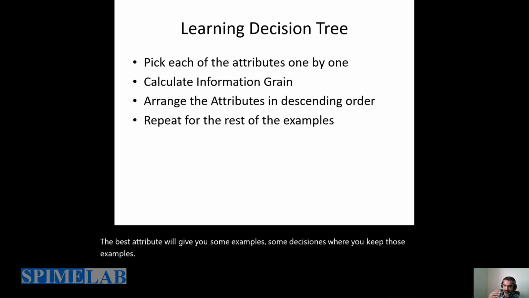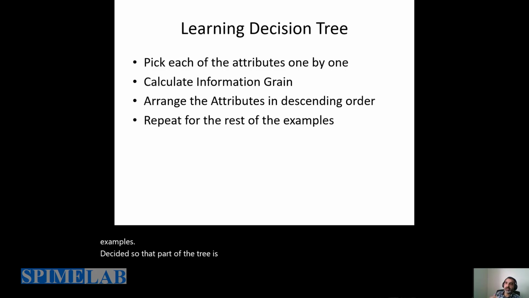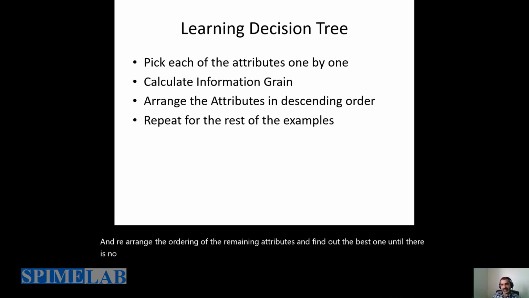So that part of the tree is deciding 10 out of 20 examples. For the remaining examples, you will again calculate information gain, rearrange the ordering of the remaining attributes and find out the best one, until there is no more example that you need to classify.